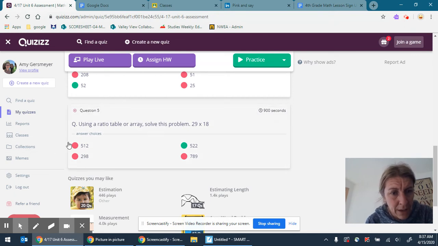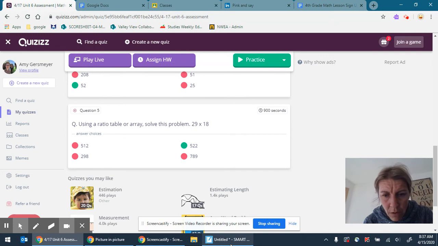So, man, I have some close answers. 298's out. So I should just get rid of that. This may be too high because if I were to make this 30 rounding up and this 20, that's 600. And both numbers are less than what I rounded them. So really it's between 512 and 522.